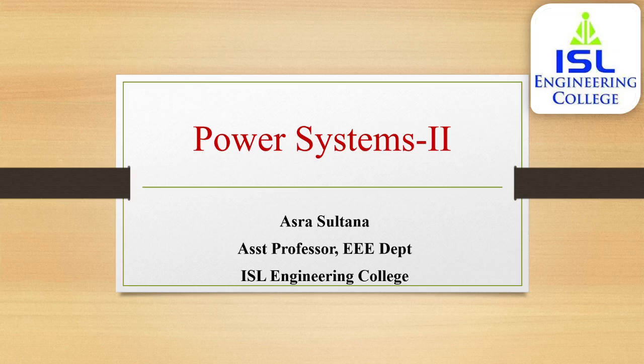So in the previous unit we have studied about symmetrical faults on three-phase system. The fault on the power system which gives rise to symmetrical fault currents, that is equal fault currents in the lines with 120 degrees displacement, is called a symmetrical fault.